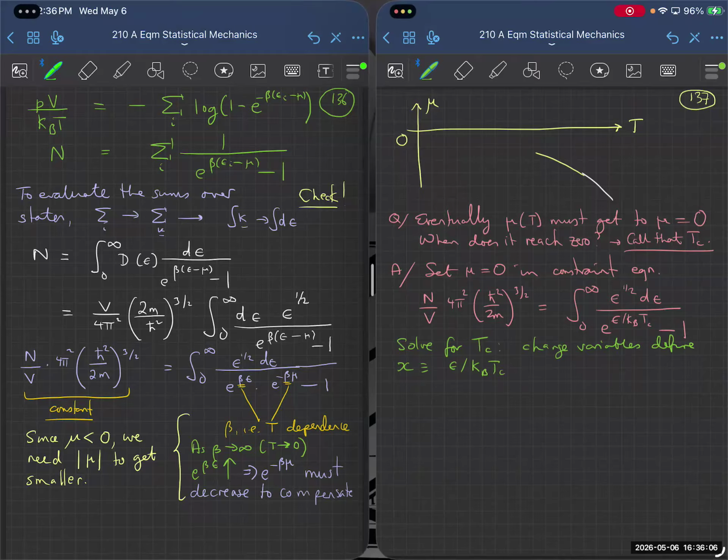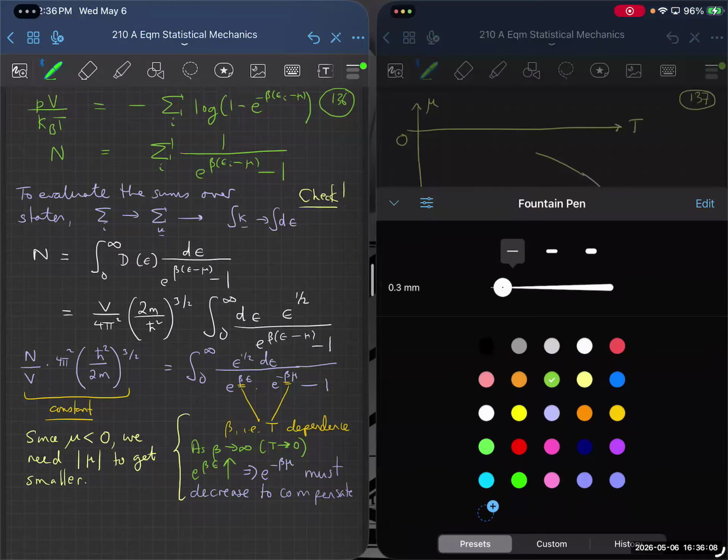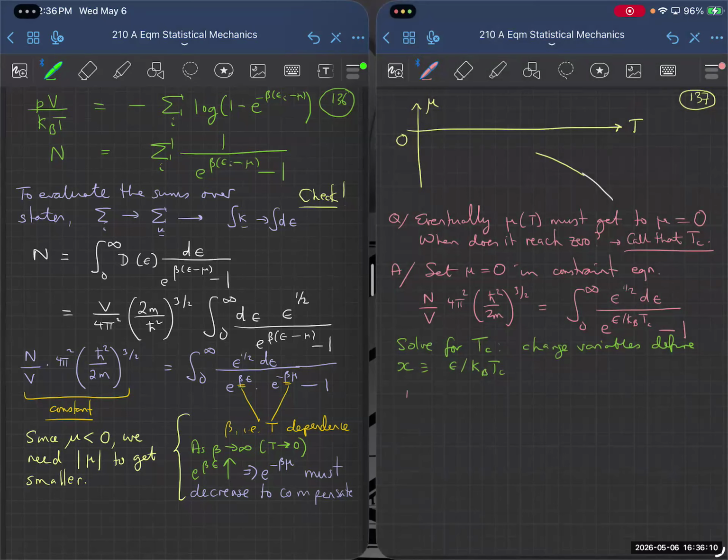And then what we end up with is n over v times (4 pi squared h bar squared over 2m) to the 3/2, and then that is equal to what? So let's have a look at what happens when we change the variables.